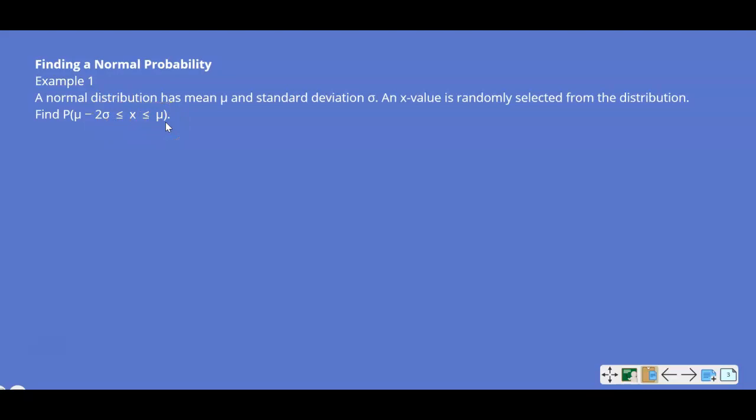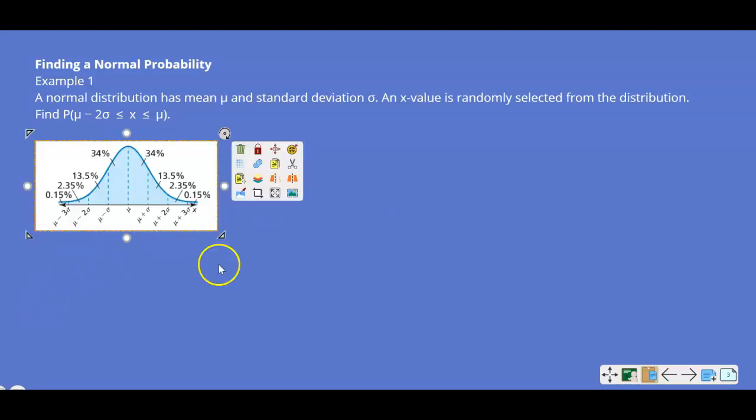So again, we're going to use our normal distribution curve. We can use the 68, 95, and 99.7. Let's go ahead and use the other table. Let me pull that up. All right, so I copied this normal distribution curve over.